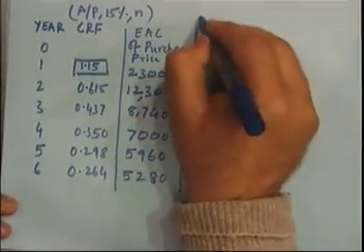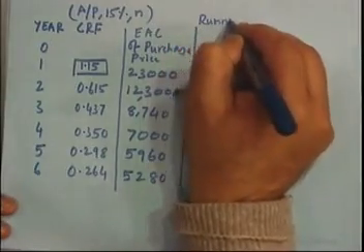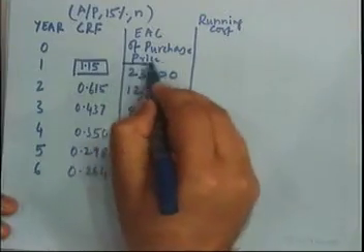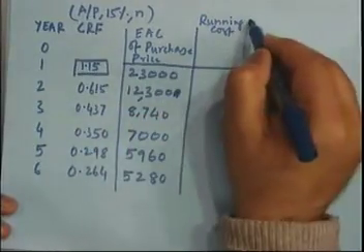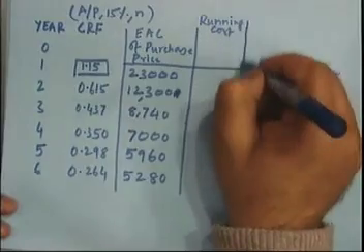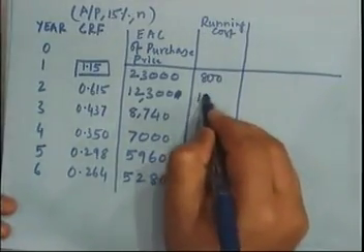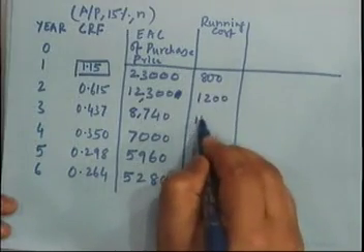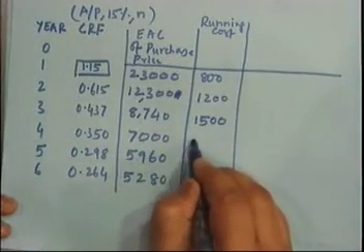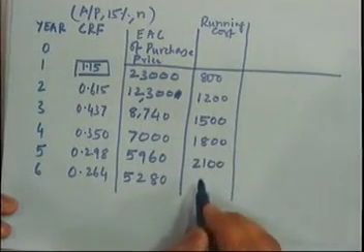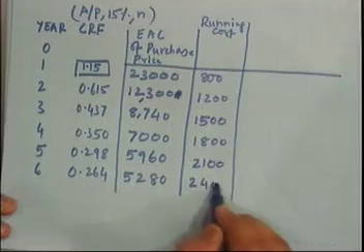Now, coming to running cost. First year running cost is 800, 1200, 1500, 1800, 2100 and 2400.